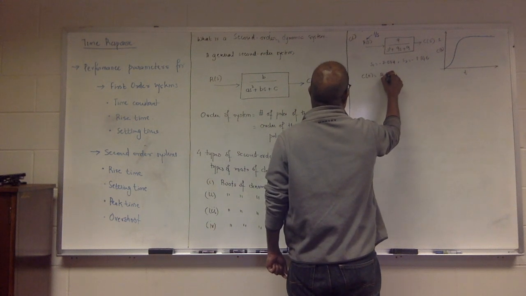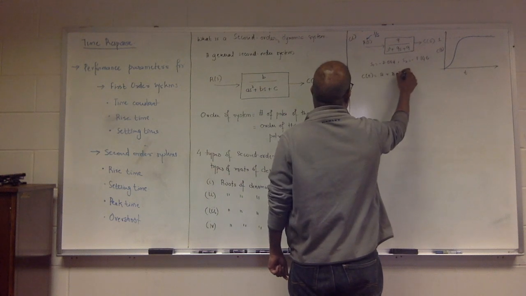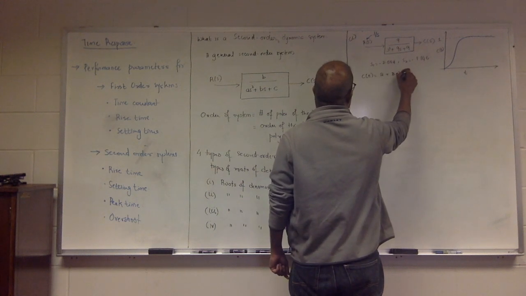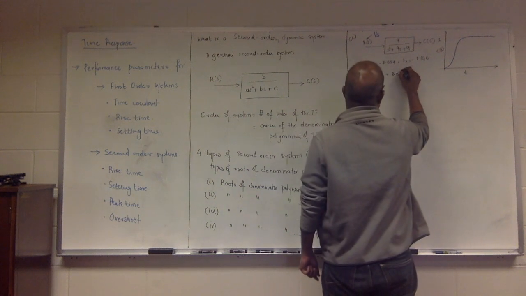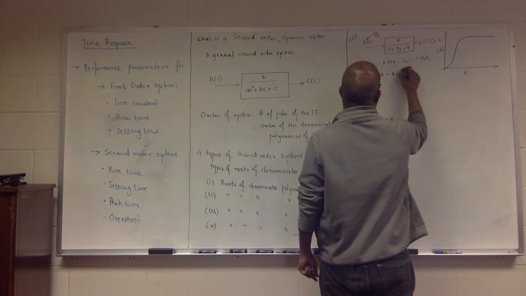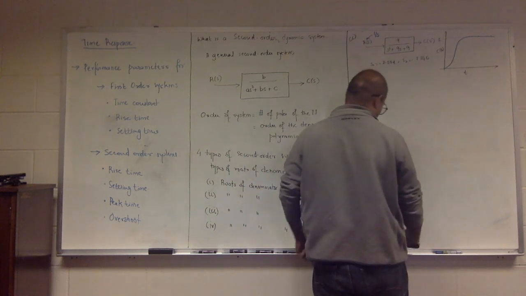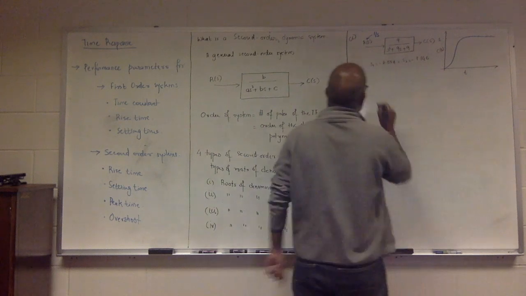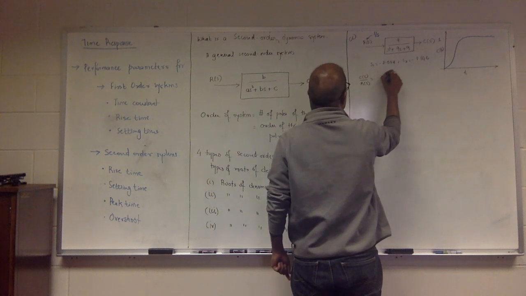A plus b e to the power of minus a2 t. If you split this open, C of s over R of s is what? 9 over s square plus 9s plus 9, right?